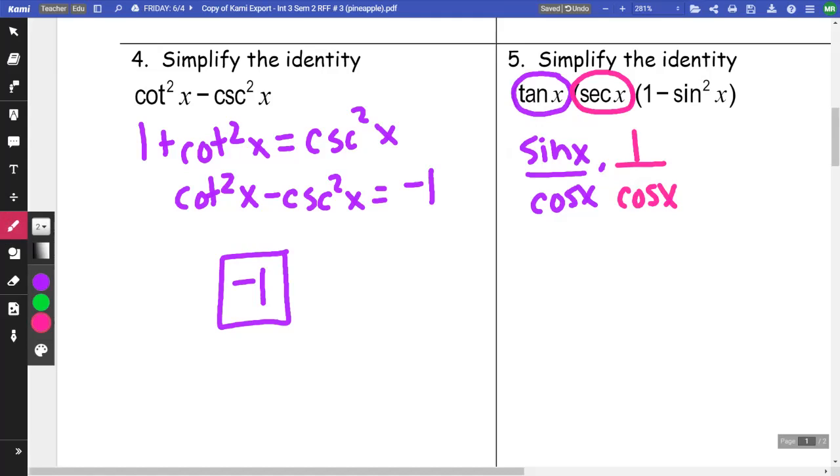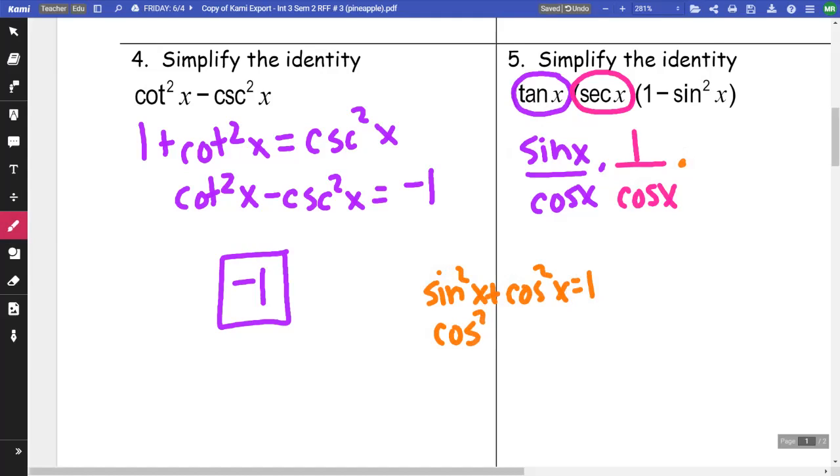And then this 1 minus sine squared x, let me just jot this over here in orange, that sine squared x plus cosine squared x equals 1, which means that if I was to keep the cosine squared x on this side and I go 1 minus sine squared x, those would be the same.